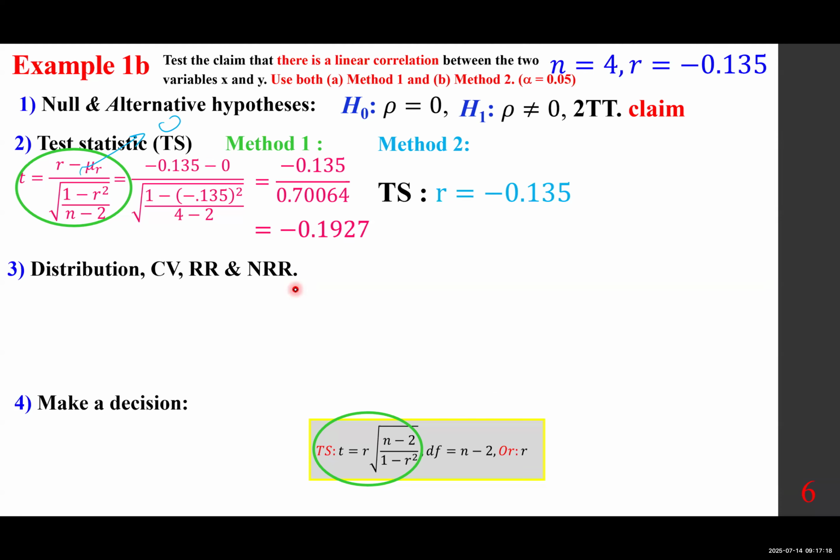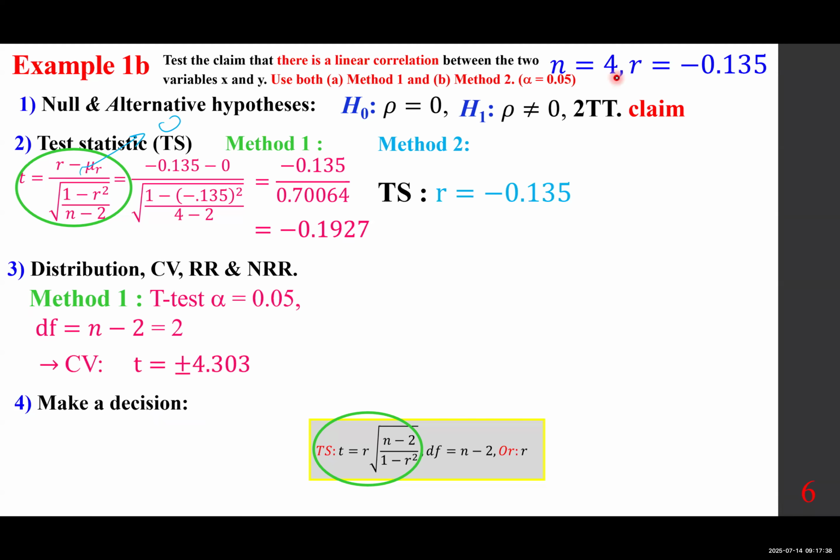What about here? We are using the t-test, and as always, we choose alpha. Normally, alpha is 0.05, otherwise it's mentioned. So alpha is 0.05, degrees of freedom is n minus 2, and that makes it 4 minus 2 equals 2. From the table, we get two values, plus minus 4.303. This is the good old t-table.